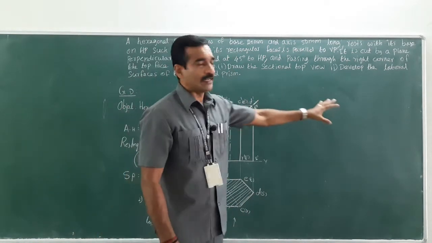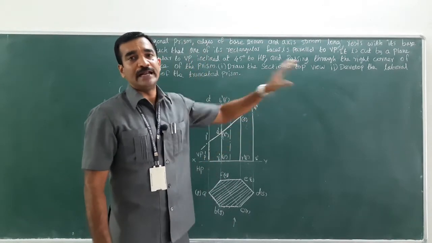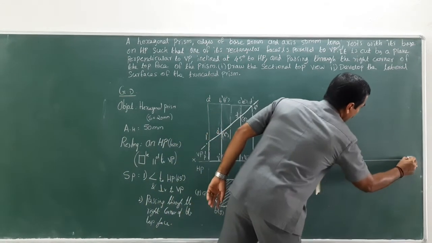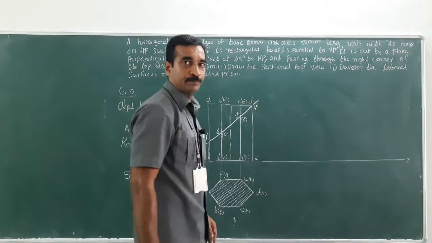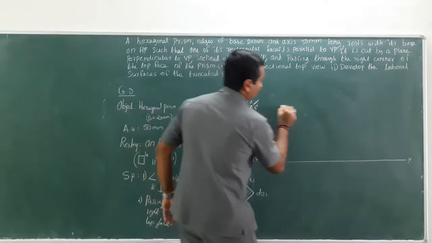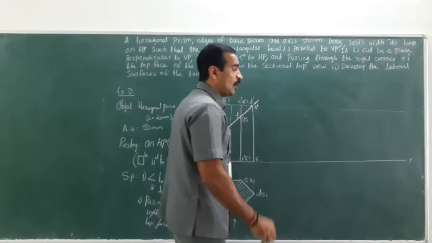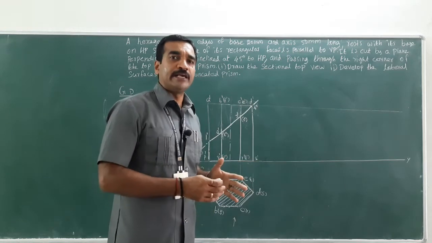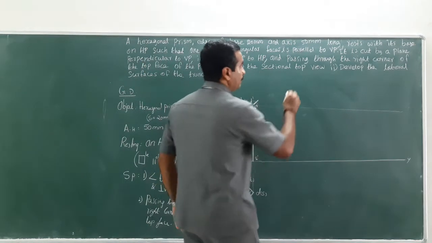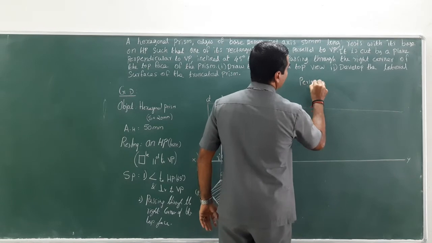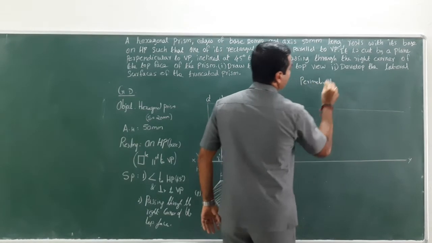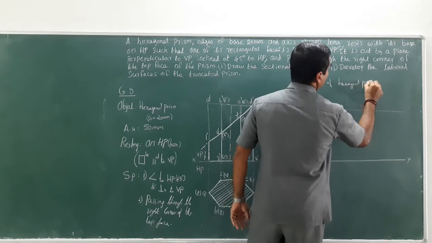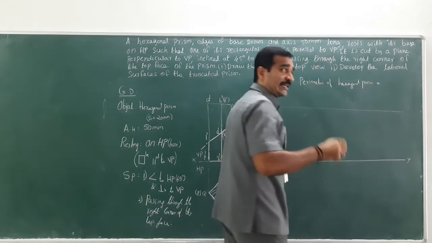Now I need to draw the development of lateral surfaces, for which let me just extend this line, that is the XY line, reference line, right? Extend the topmost portion also. What would be the length of the development of lateral surfaces? It could be the perimeter of the hexagonal prism, which is nothing but n into a.